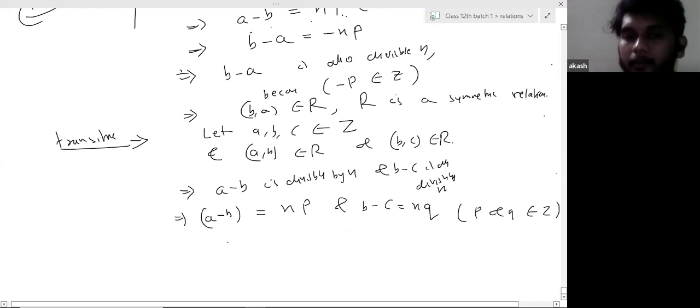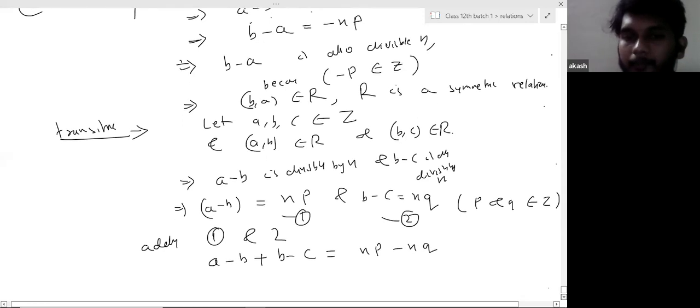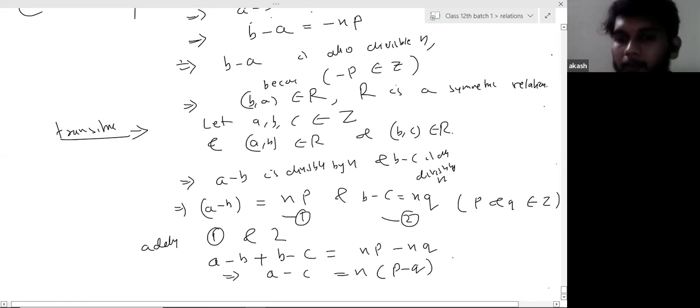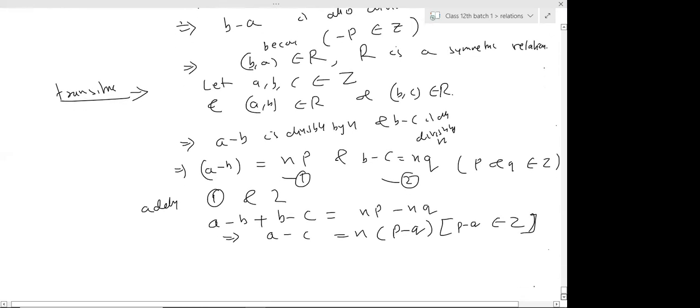Now let this be equation 1, this be equation 2. Adding 1 and 2, I get a minus b plus b minus c equals np plus nq. So this implies a minus c equals n times (p plus q). So p plus q will also belong to Z. Addition of two integers is also an integer. This is clear. Yes, sir.